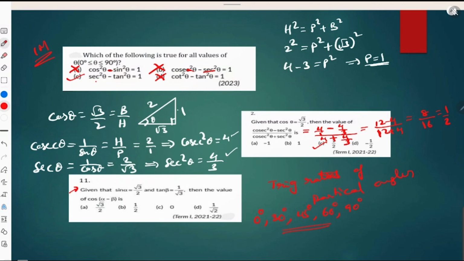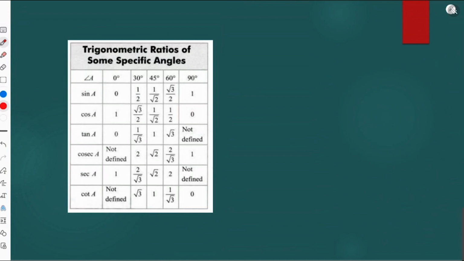In the next slide, let's learn how to get these values and what those values are. Let's learn how to find these particular angles. Why are these specific angles only mentioned in the table? Why not the other ones?